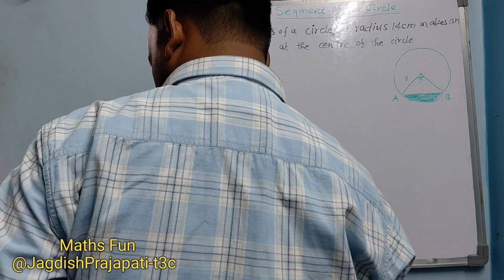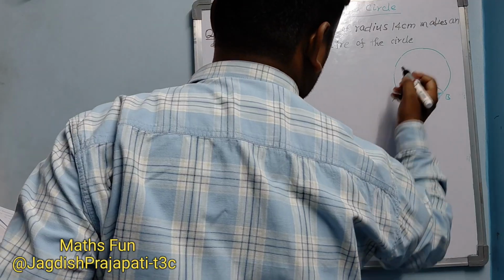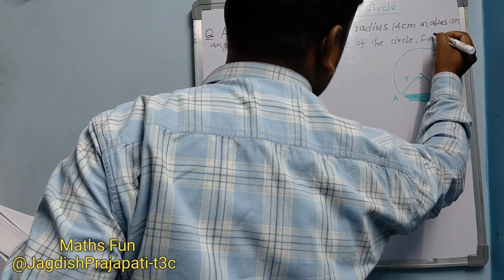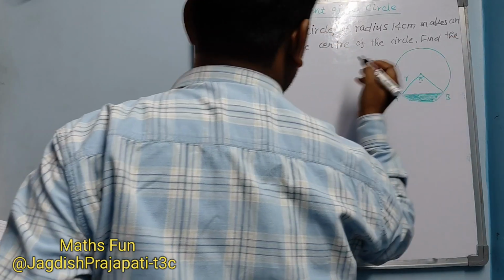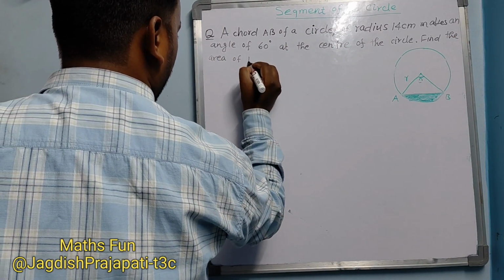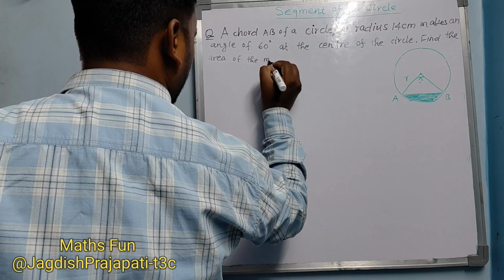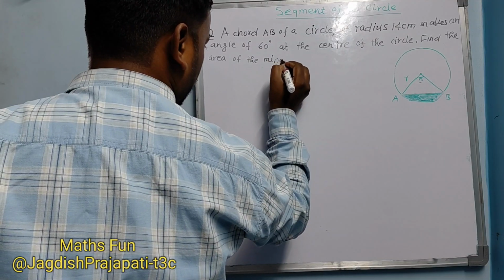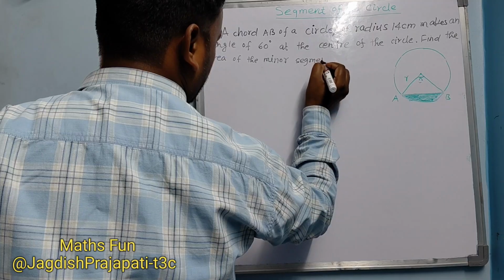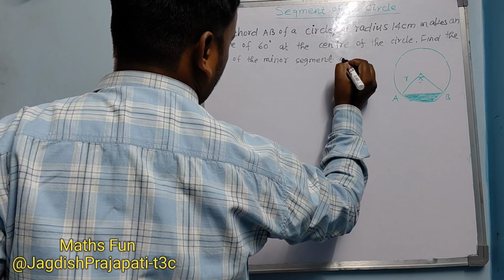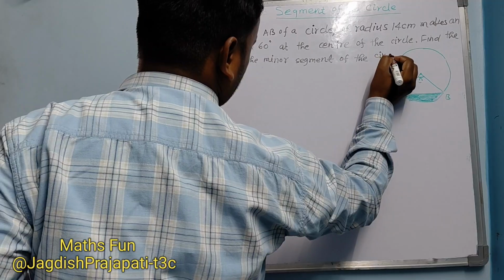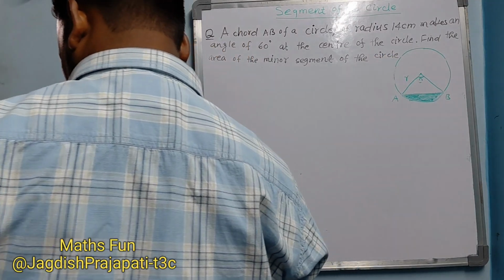Find the area of the minor segment of the circle.